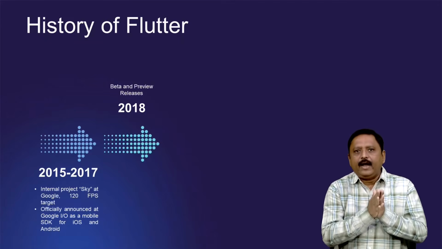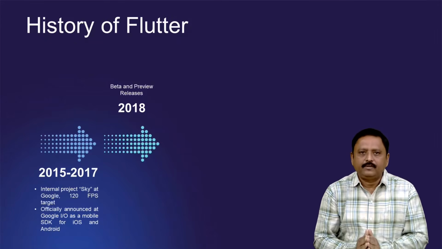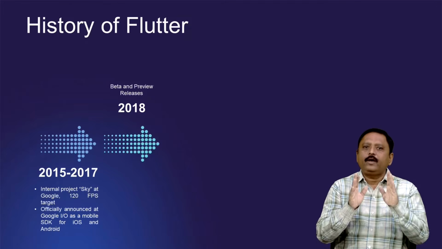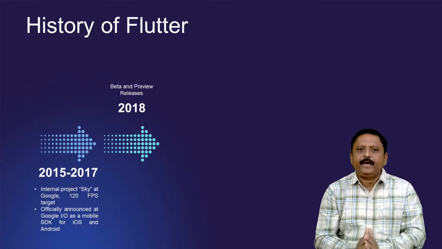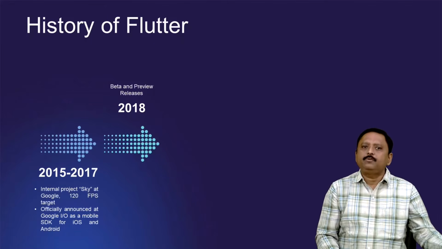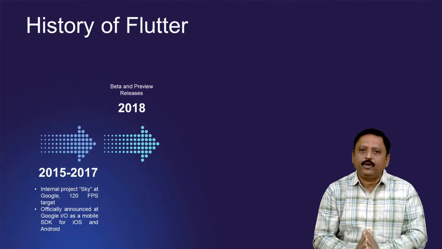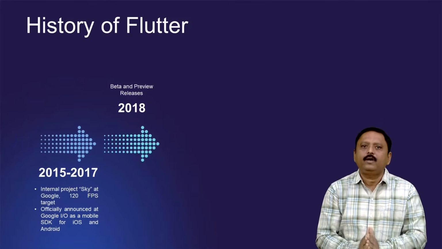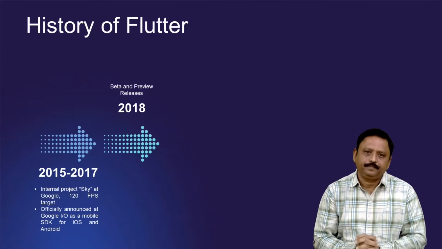Second, the beta and preview release was launched in 2018. In February 2018, Flutter reached its first beta release. This was a significant milestone as it marked the SDK's readiness for broader developer adoption.